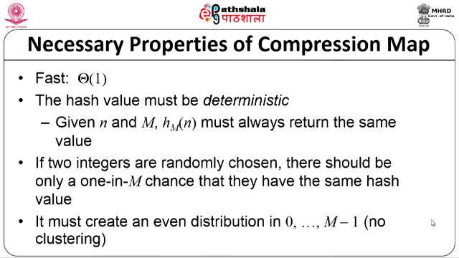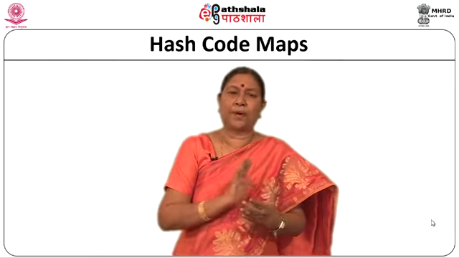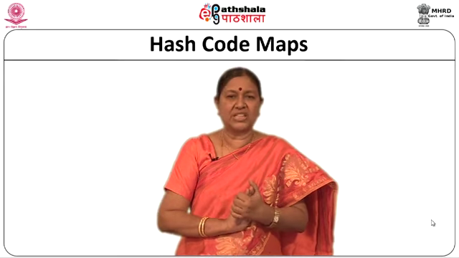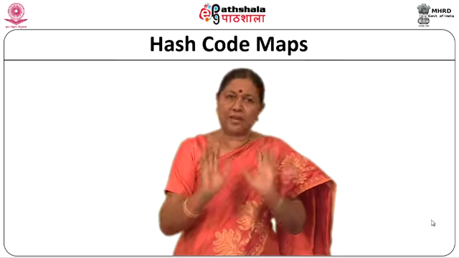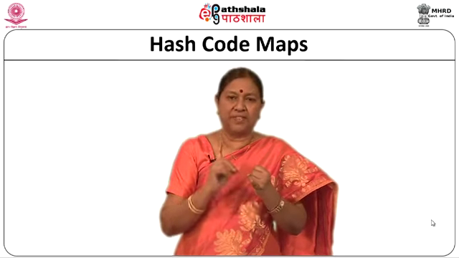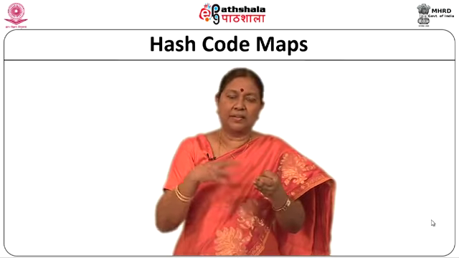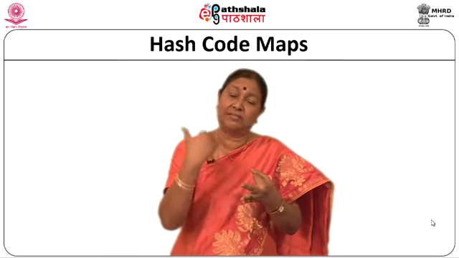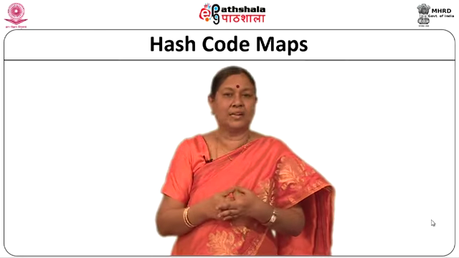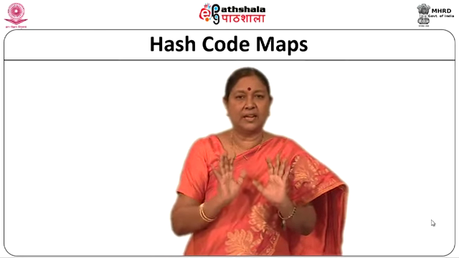So, that is important. Now we have looked at the properties of the two functions, the hash code map and the compression map. Both need approximately the same properties: they should be fast, deterministic, and evenly distributed. The first one we say random, and here we say evenly distributed. So, this is the idea of the two functions.